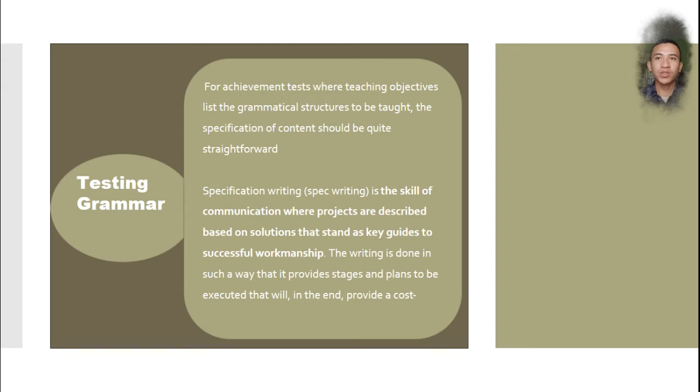Specification writing is the skill of communication where projects are described based on solutions that stand as a key guide to successful workmanship. So, specification writing is like a skill of communication to finish a problem in a job or work.